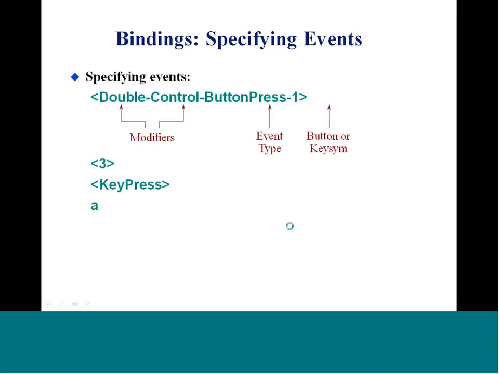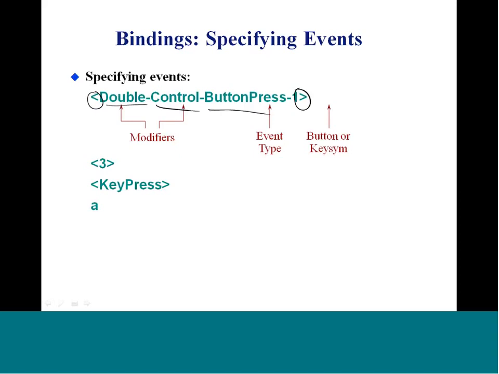Now how do we specify events? Specifying events is done with the less-than and greater-than signs, and then we can also declare some modifiers, which here is Double-Control, meaning you press the Control key a couple of times.